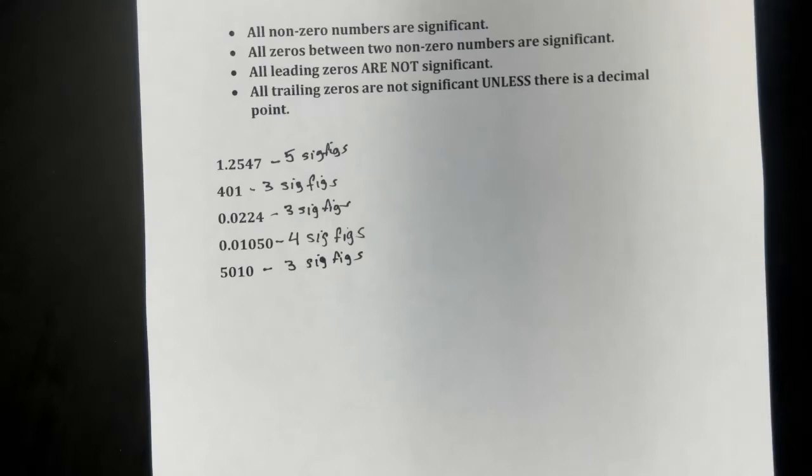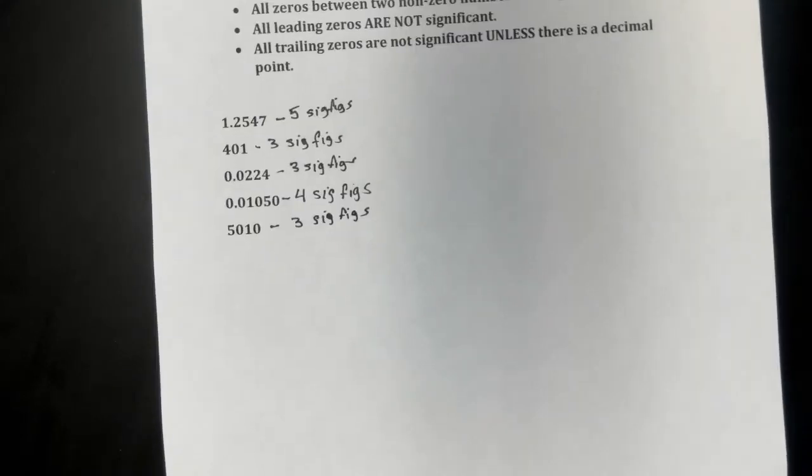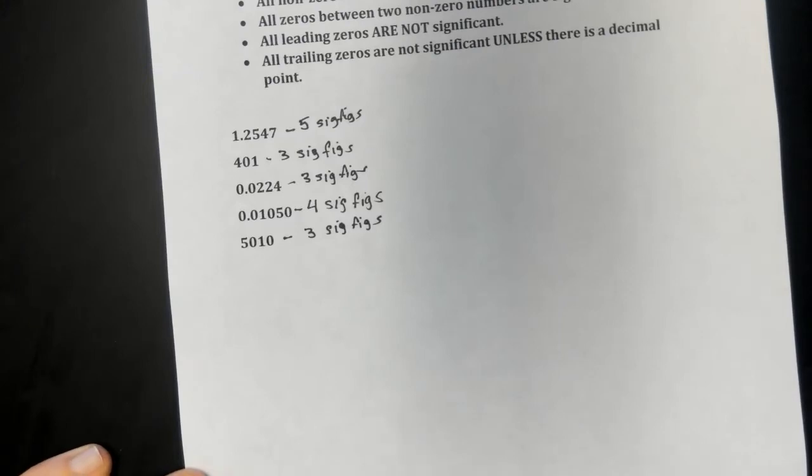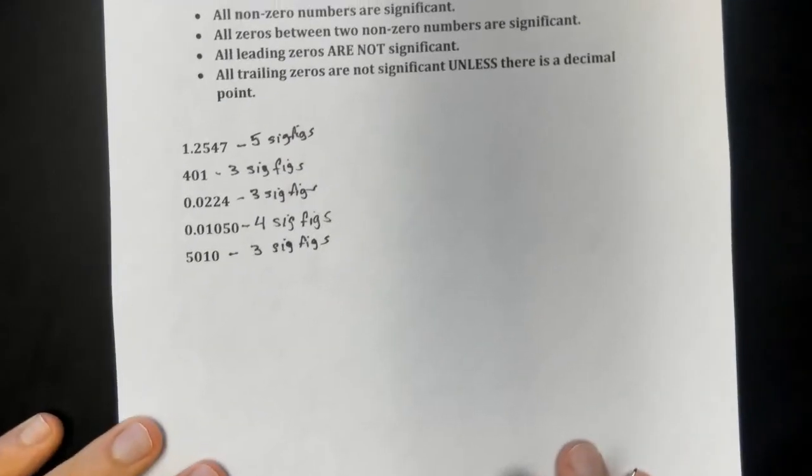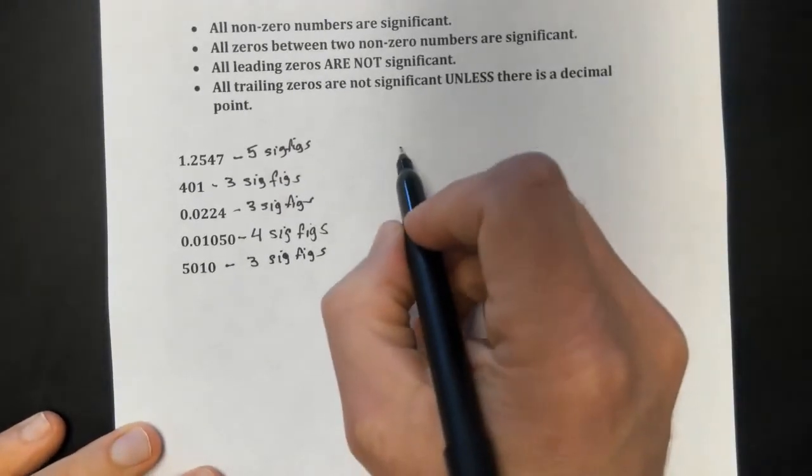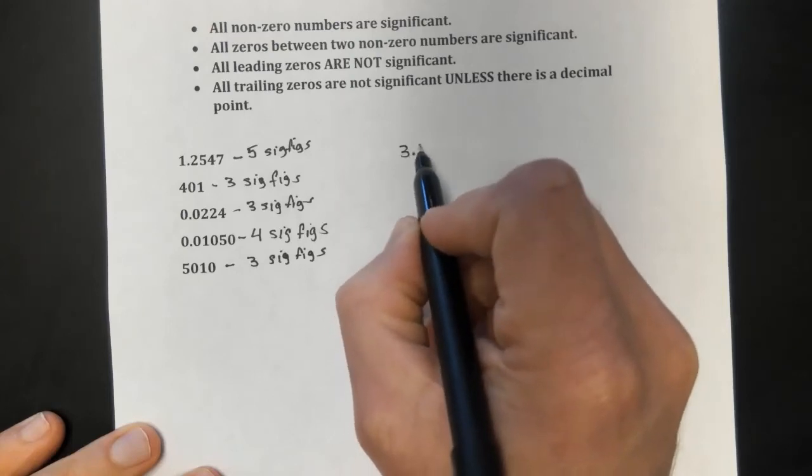Now, why is all this important? Well, because we typically use significant figures in calculations. And I want to point out something. Let's say that I'm going to multiply 2 measurements together. Say we have to do it for some reason in our lab report.